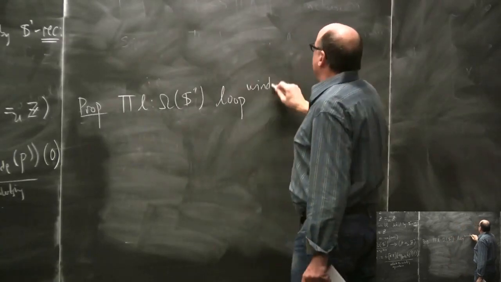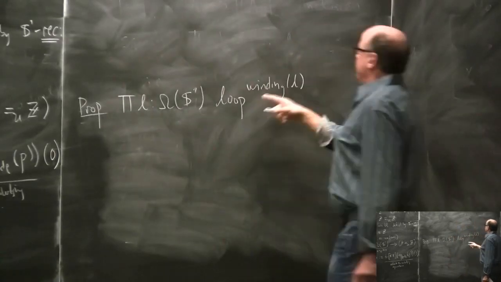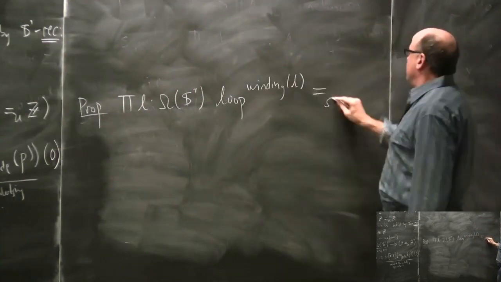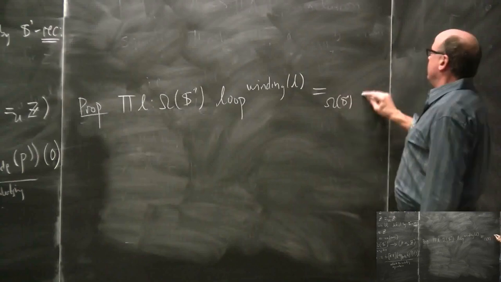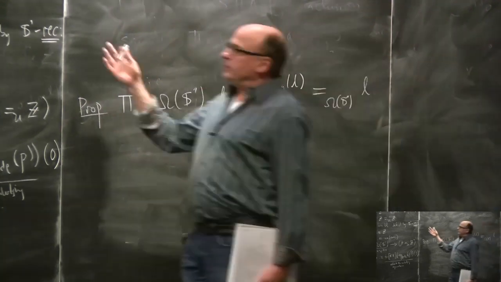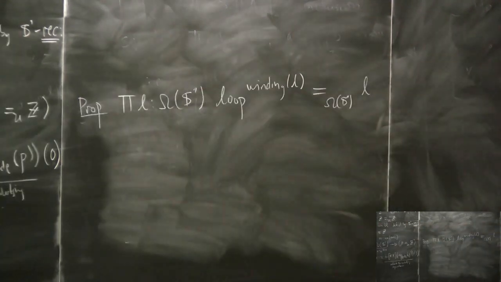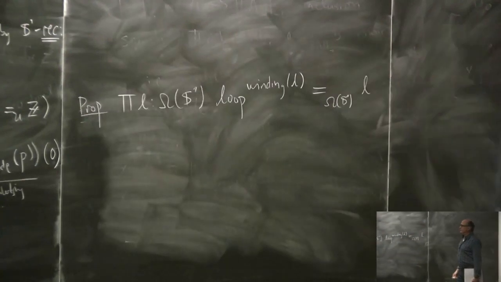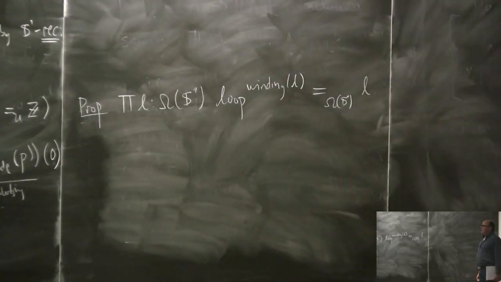So if we take the winding number of L, and then iterate the loop that many times, that in the loop space of S1 should be equal to L. Now, if I can fill in those two things, then I will have established the required equivalence, because I've given you maps in both directions and shown that they are quasi-inverses. So I will be done. That's the important point. All right, so you're with me?